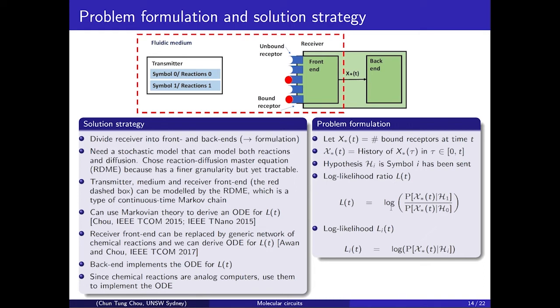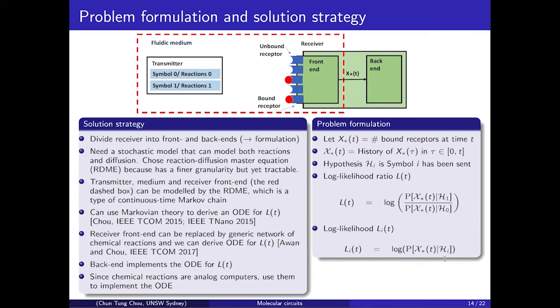But I can also just consider the log likelihood Li, the likelihood of seeing this trajectory given the hypothesis Hi. I can compare either Lt or Lit; the theory is very similar.